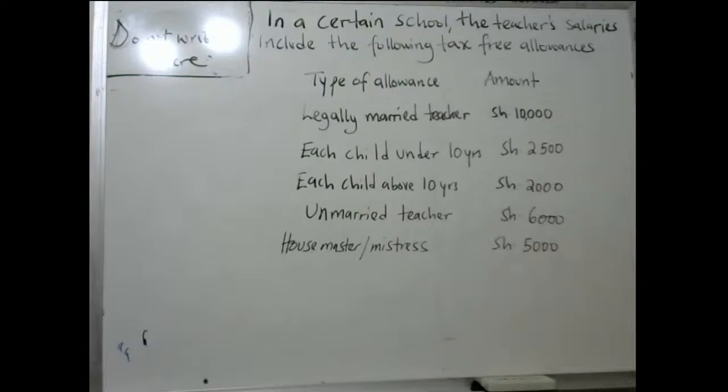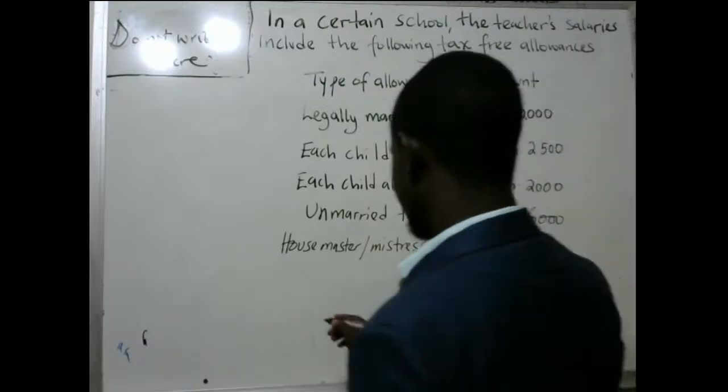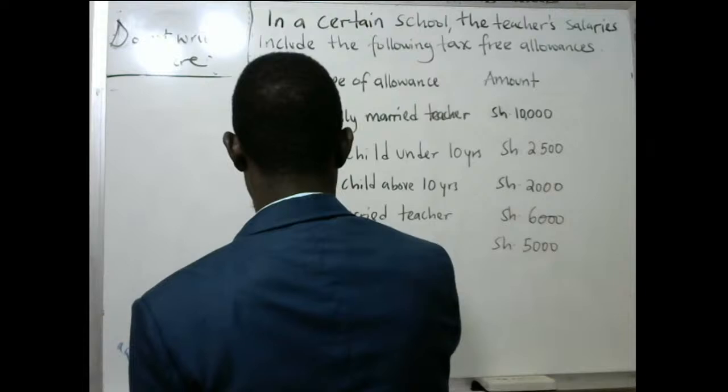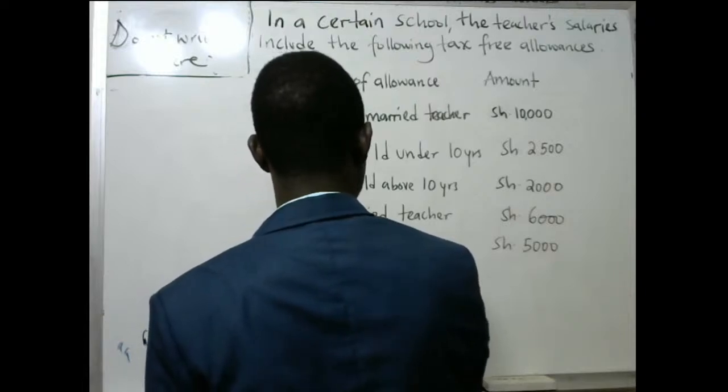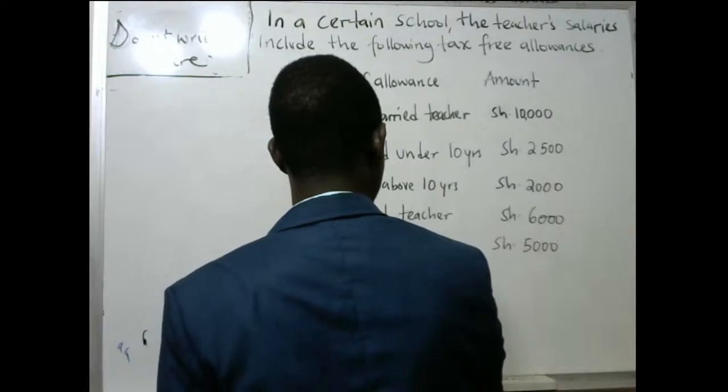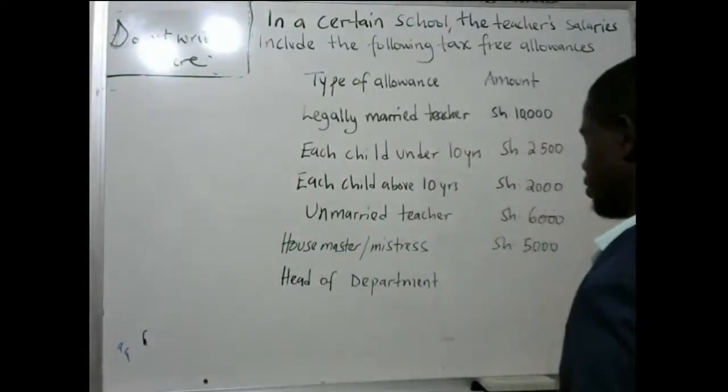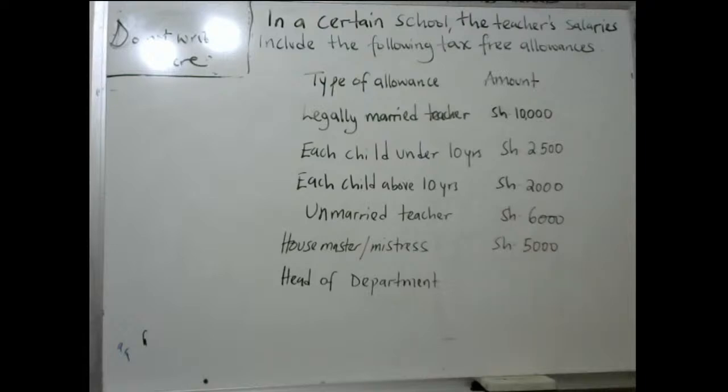Then head of department. The teacher happens to be a head of department. He will receive an allowance of shillings 10,000. Okay.